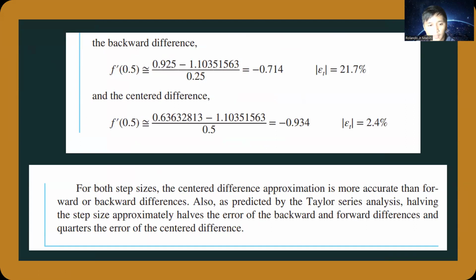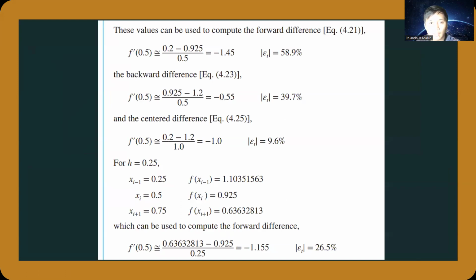For both step sizes, the center difference approximation is more accurate than forward and backward differences, also as predicted by the Taylor series. For h equal to 0.5, the values of forward and backward difference are negative.